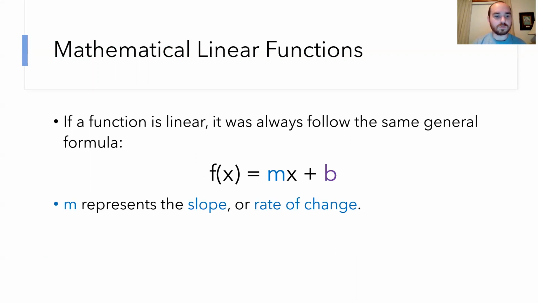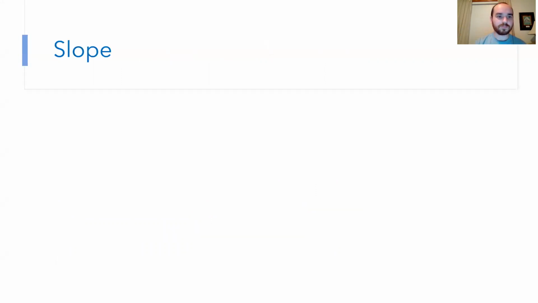This might be review for you guys. M represents the slope or the rate of change, and we're going to talk more about what that actually means in a little bit. That rate of change idea is really important for real life problems. B represents the y-intercept, so that's the point that hits across the y-axis when you're on your graph.